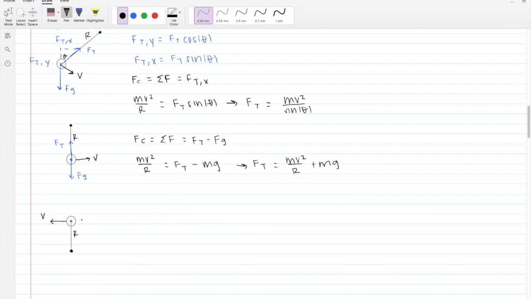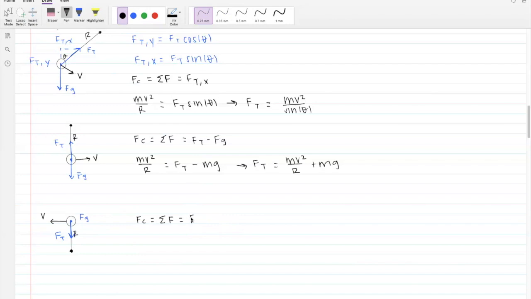So let's look at the last scenario where we have the mass or the ball positioned above its pivot point. Again, let's draw our FBD. So we have force of gravity always pointed down. We also have this force of tension as well pointed down because force of tension is always going up the cable. So let's do our centripetal force equation.